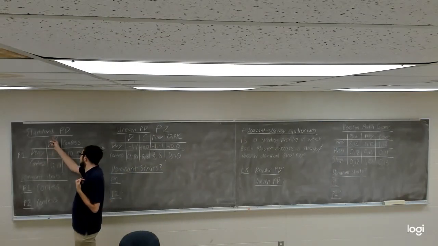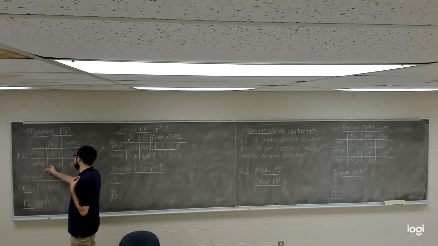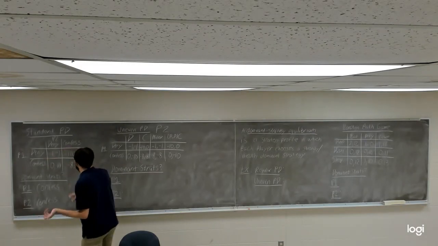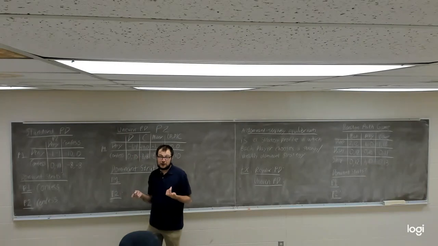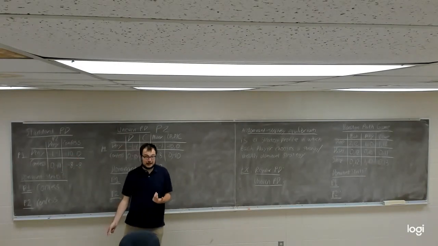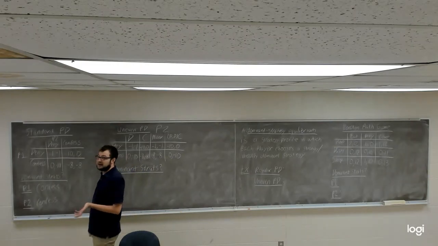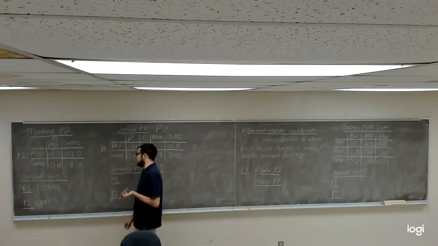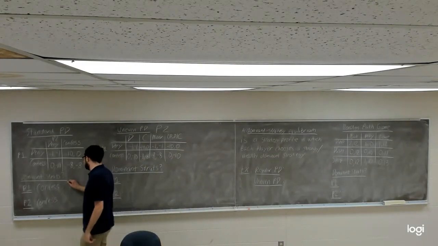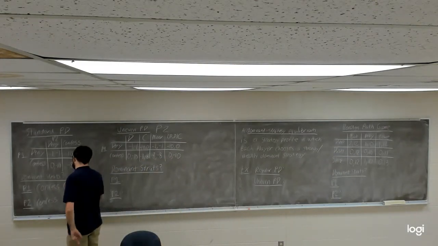If player 2 chooses deny, then player 1 choosing confess gets 0 as opposed to -1 for deny. If player 2 is choosing confess, then player 1 can get -8 from choosing confess versus -10 for deny. So it's always strictly better for player 1 to choose confess in the standard prisoner's dilemma, and that's going to make it a strongly dominant strategy for both players.